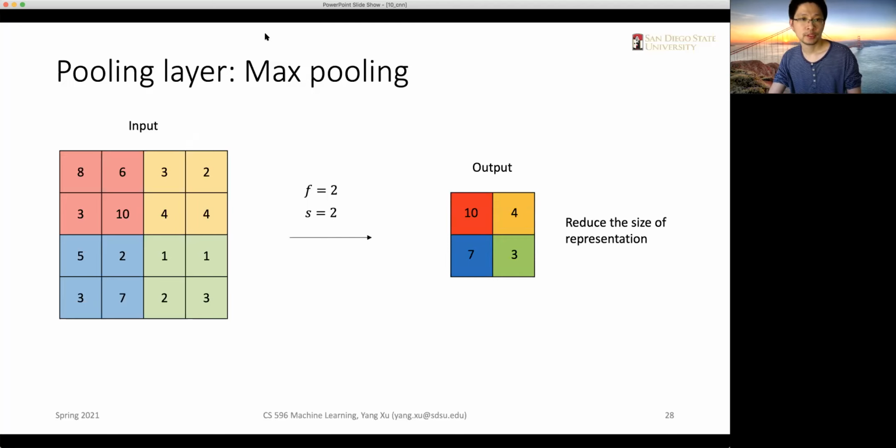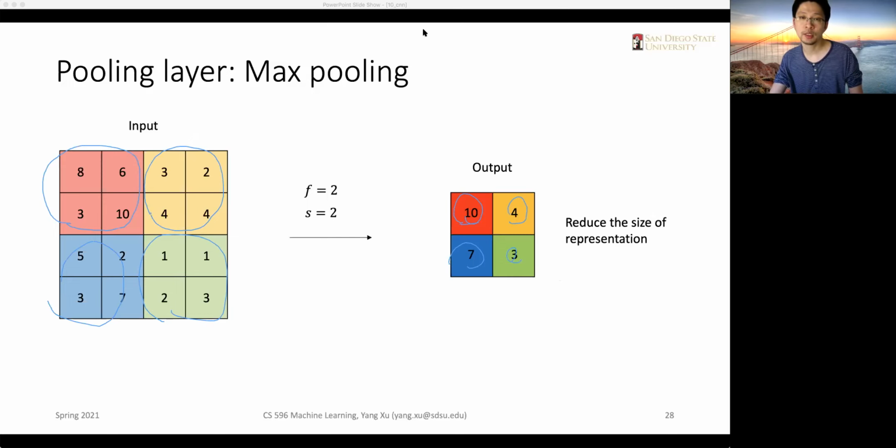So you see the corresponding relationships now. The 10 in the red cell is the maximum element within the red region, and so is the 4 in the yellow region. The 7 is in the blue region. So max pooling will pick the largest element in the input region and use that value as the output.